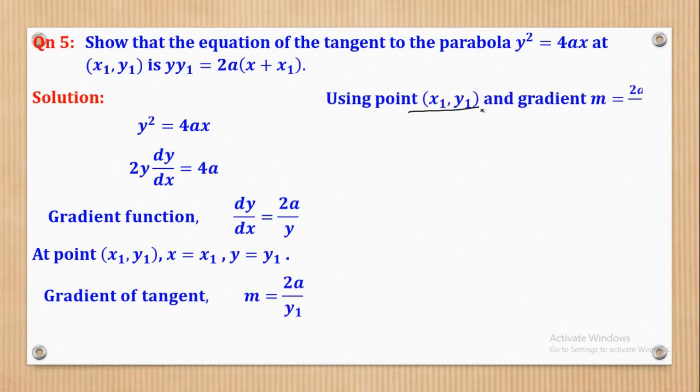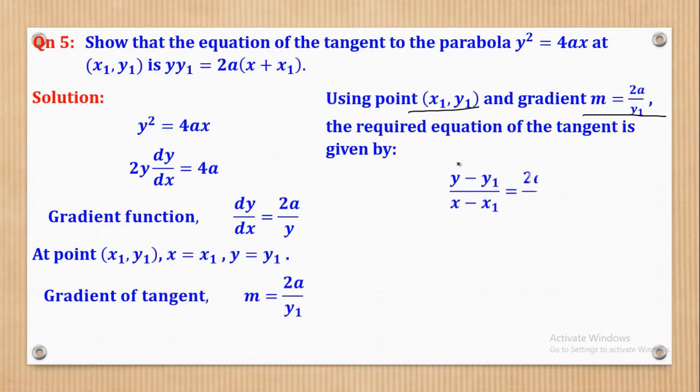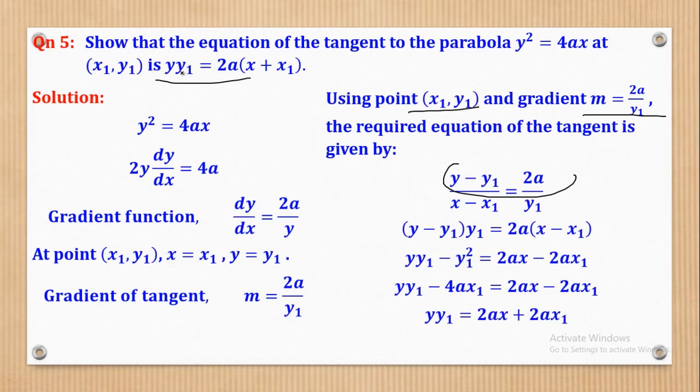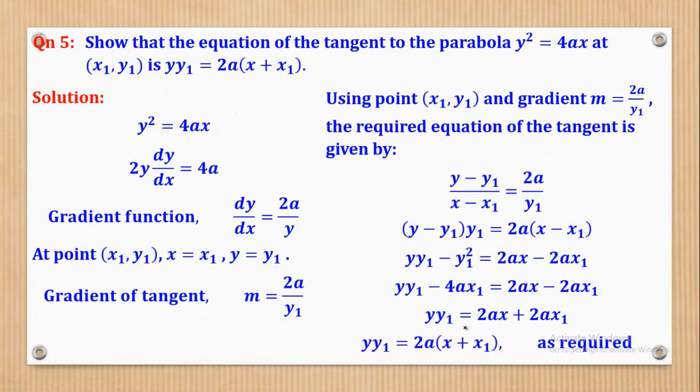Therefore, using this point and this gradient, I'll be able to come up with the equation of the tangent. From this expression, I'll cross multiply and then open brackets and simplify to get this format which they want. So 2a is common, I can factorize it out to get this, and that was what was required.